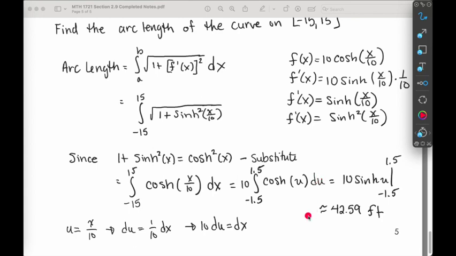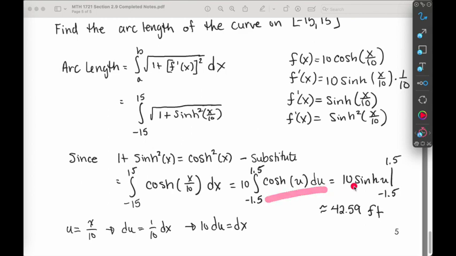Here's my du. Now, because this is a definite integral, I have to change my limits as well so that they're in terms of u rather than x. So if I take negative 15 and 15 and plug it in here for x, I'm going to get that my values of u are negative 1.5 and 1.5.